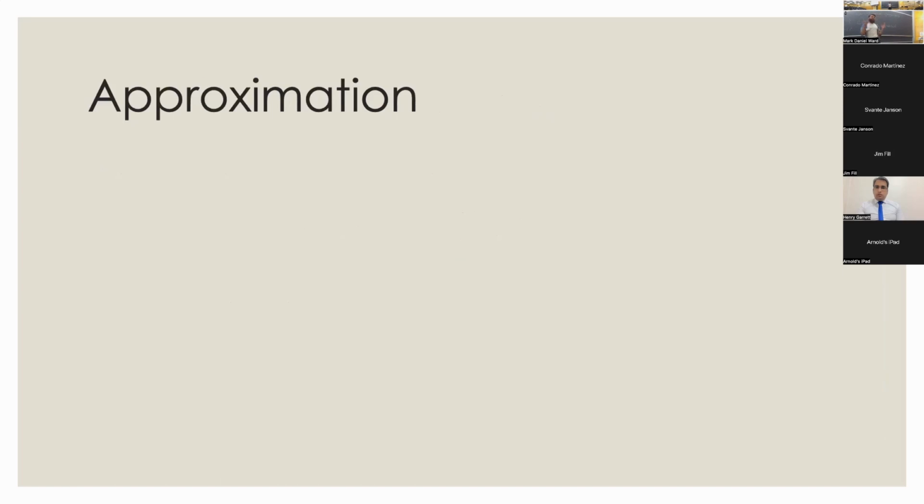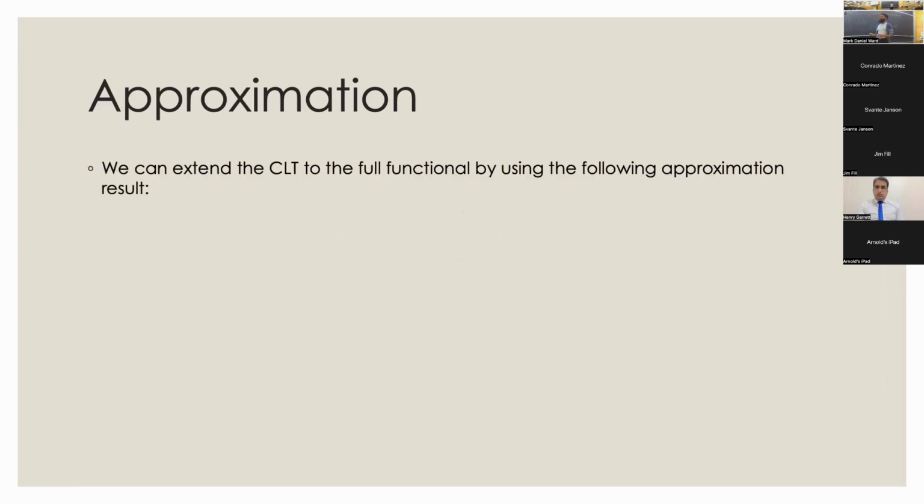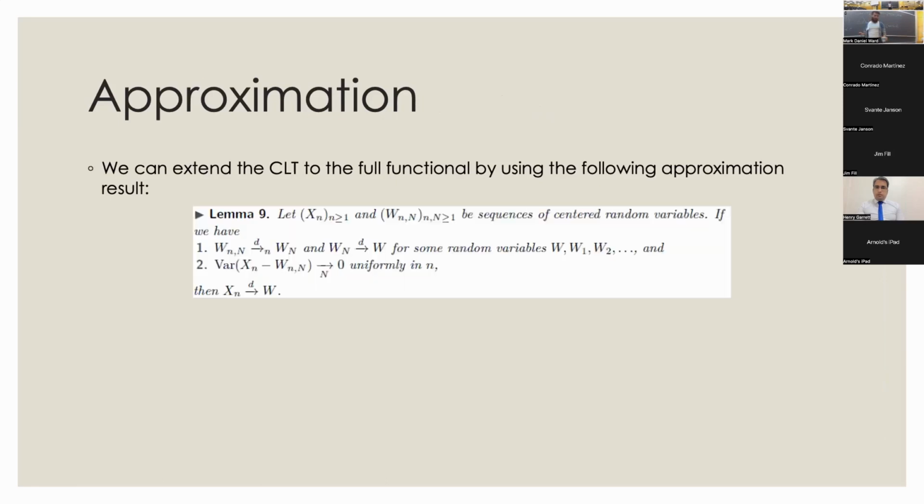And then finally, we can extend this result from the simpler functionals to the full functionals by using known approximation results. Here X_n would be the full functional we're interested in, and then W_n would be the approximating ones.